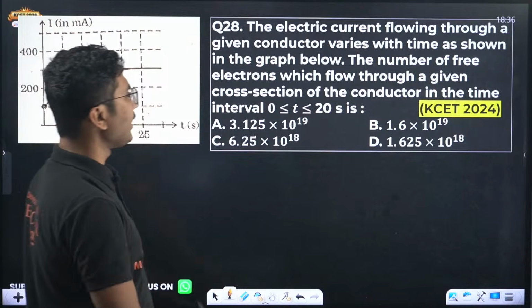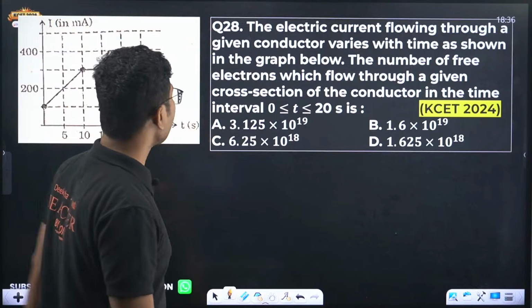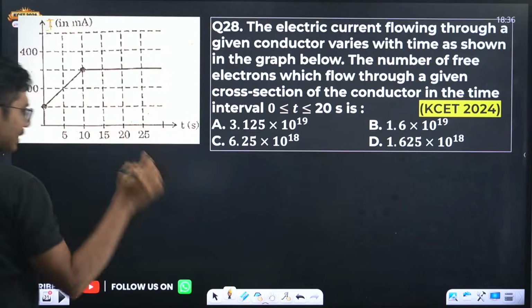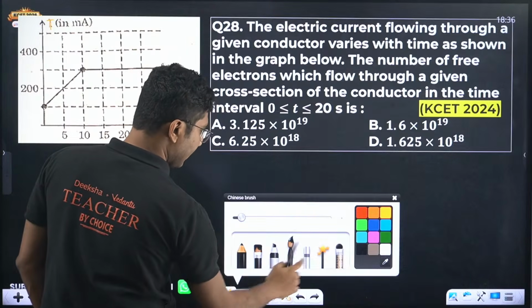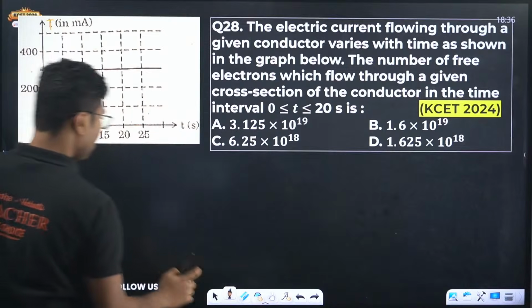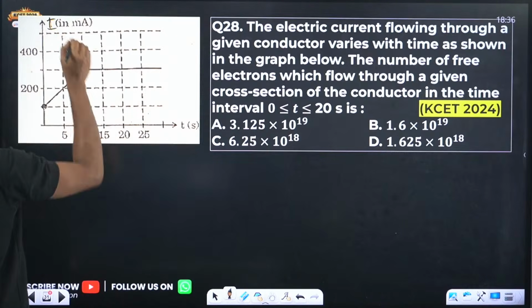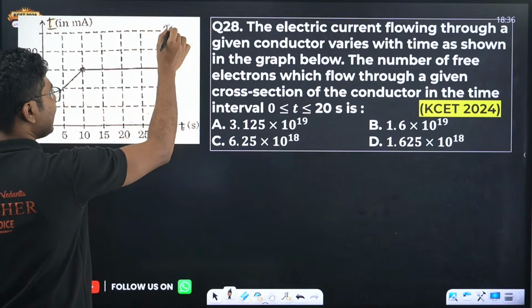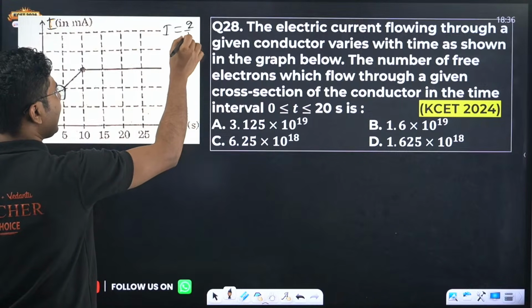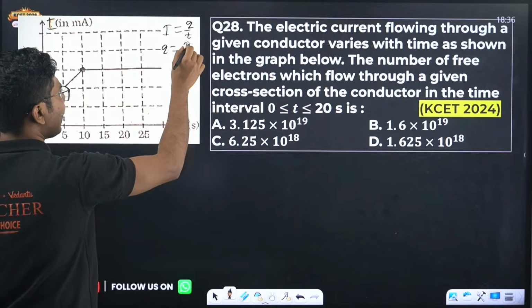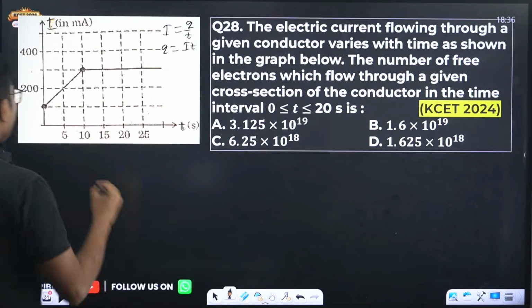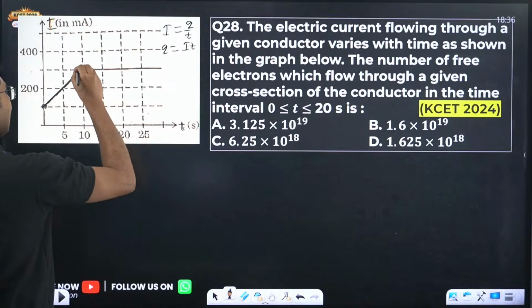So you have to find the electron which is flowing. So if you see that here current is given, here time is given, right? We know that current is actually charge divided by time. So charge equals to current into time, right? Now that means, because it's not a straight line graph, so it is a curved graph.